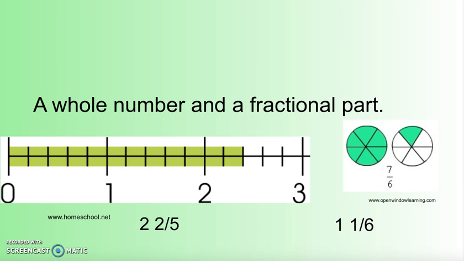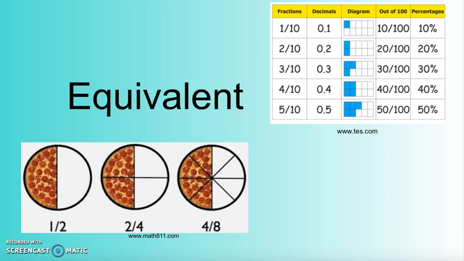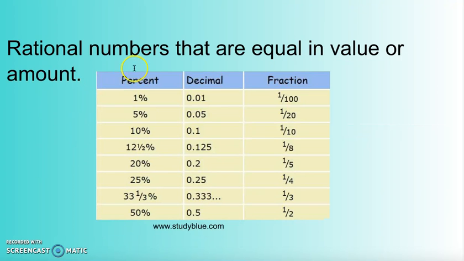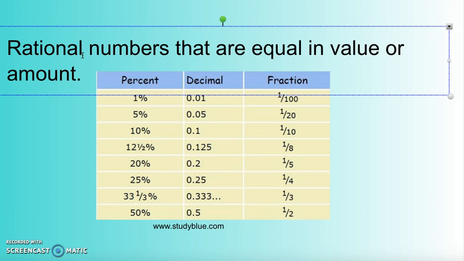The next term that we talked about is equivalent. And what definition would you give equivalent? What did we talk about? And looking at these images and making some observations, what definition would you come up with? Correct. They are rational numbers that are equal in value or amount.